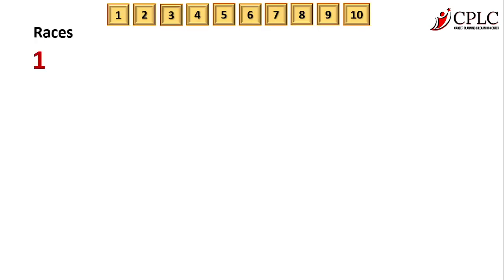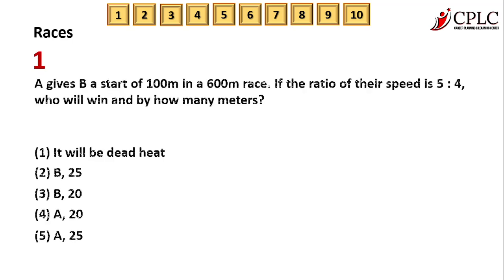Okay, now moving on to the questions that are related to this. Let's see the first one. As usual, I'll request you all to pause this and try this by yourself and then see the solution.